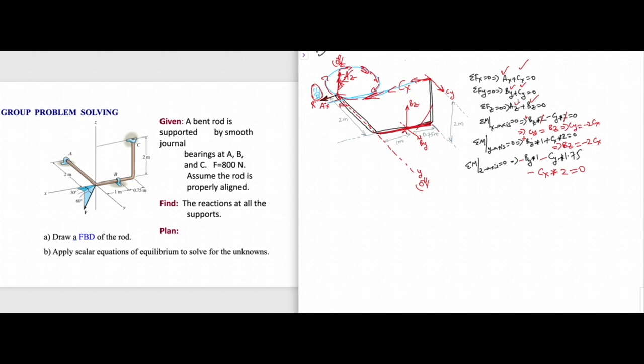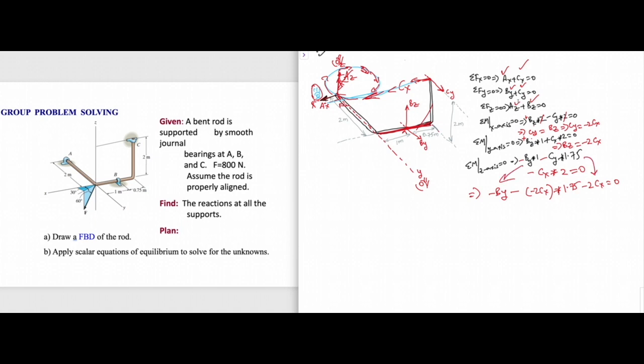Then we will plug in Cy into this equation. That implies we can write negative By, negative Cy, that is negative 2Cx, times 1.75, negative 2Cx is equal to 0 from this equation.